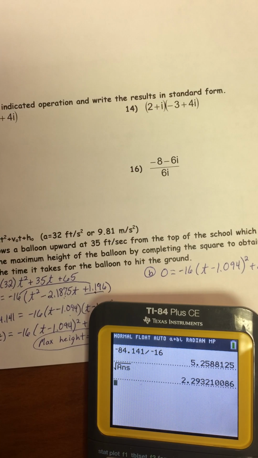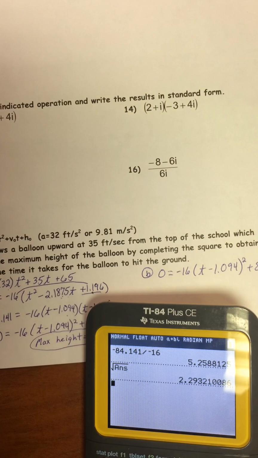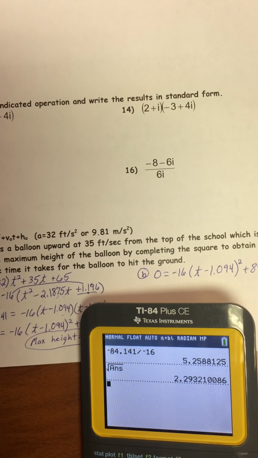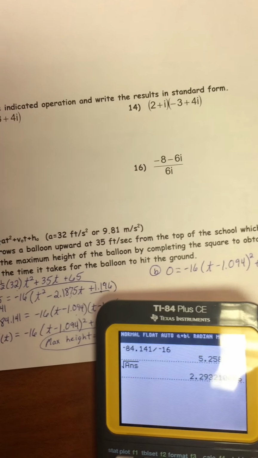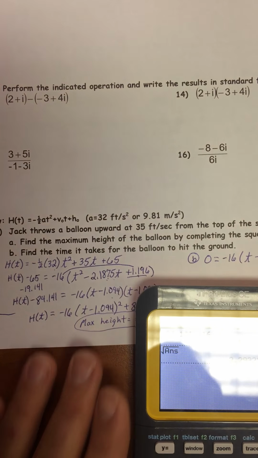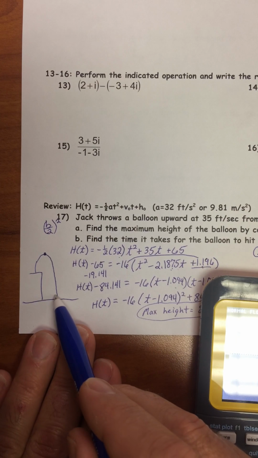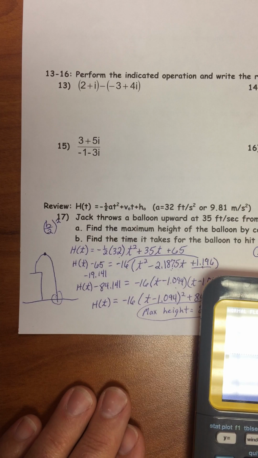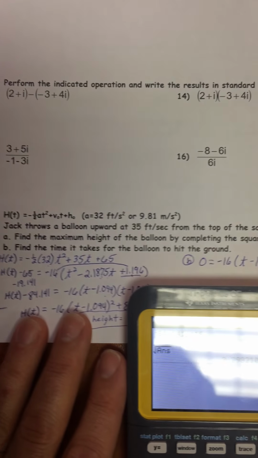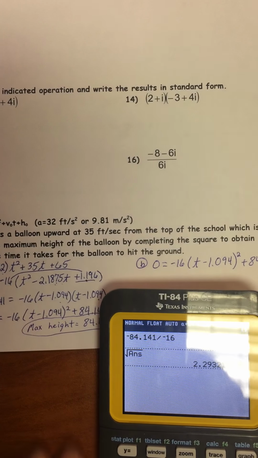to get rid of the square. And now remember, a square root would really be plus or minus, but in this case we're looking for the higher value. If you look back at the picture, we're definitely looking for the higher value for when it hit the ground. So I'm just going to ignore the negative because I don't want the lower value.